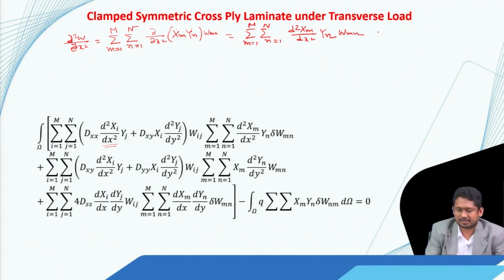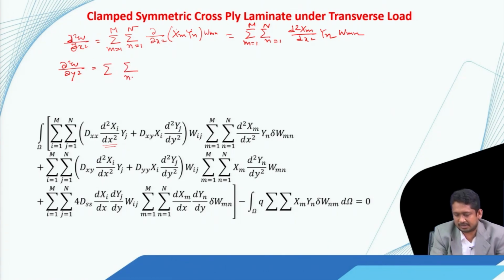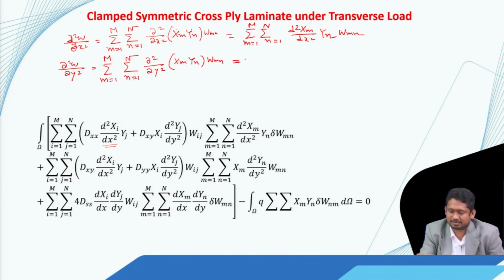Similarly, we have del 2 w by del y 2, and this we can write as summation n equal to 1 to N, m equal to 1 to M, and we can write this as the second order derivative with respect to y of X m Y n, and then w m n is not a function of either x or y.